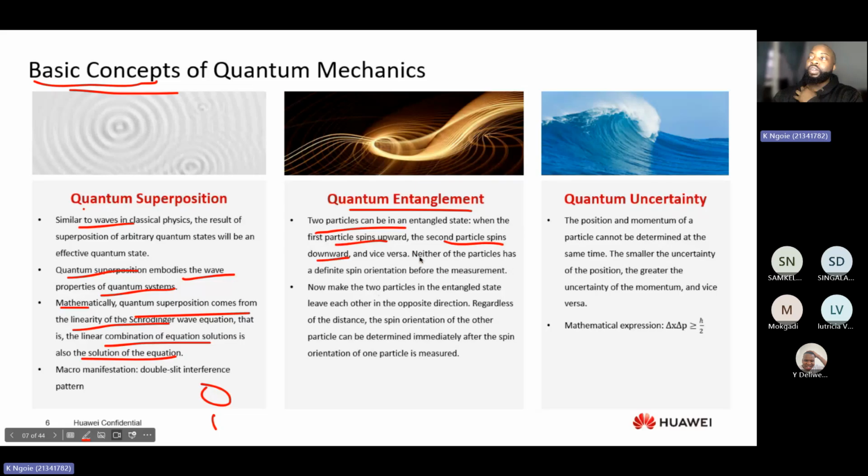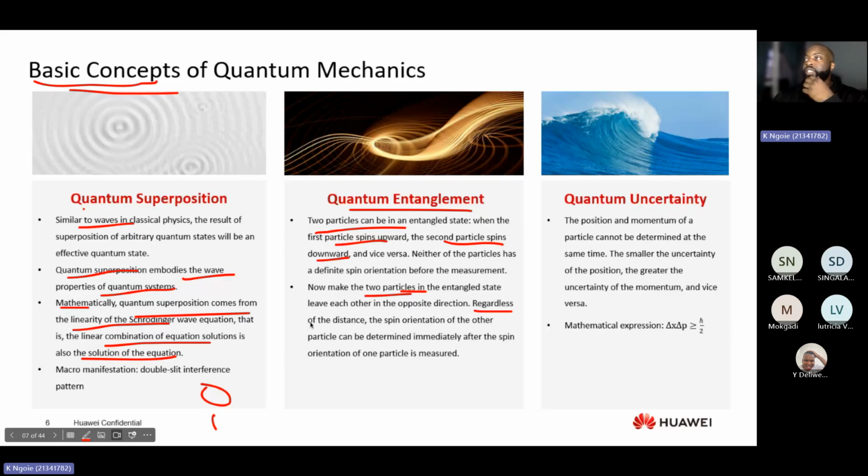When we try to observe it, we are not picking up a specific orientation. When we measure it, it makes the two particles look as if they were one particle. So it's going to be very difficult to tell the difference between one and the other.